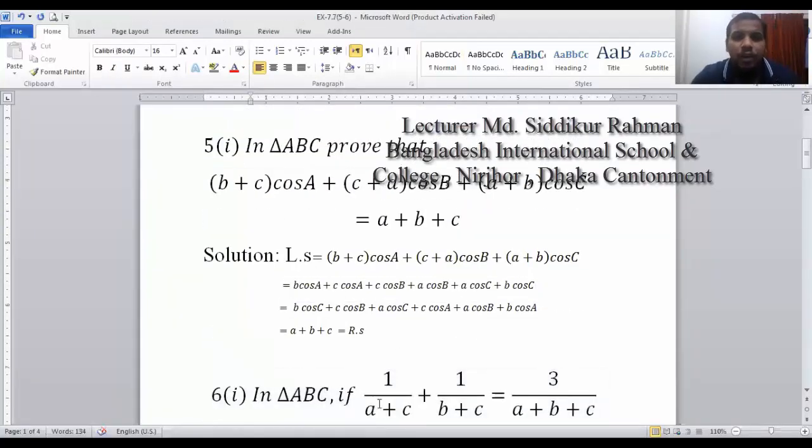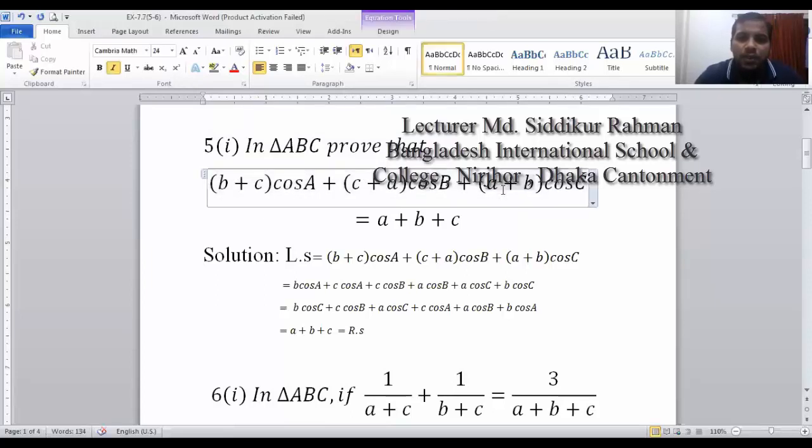In triangle ABC, prove that (b plus c) cos a plus (c plus a) cos b plus (a plus b) cos c is equal to a plus b plus c. So here is the solution.